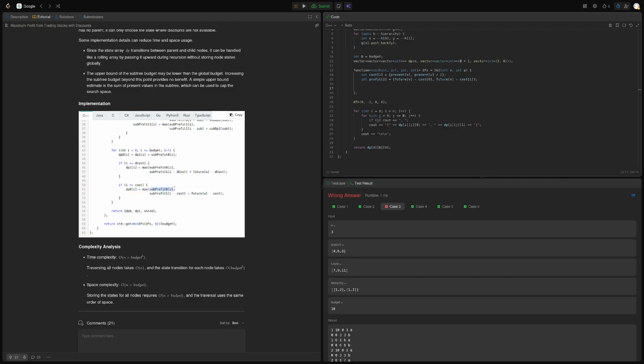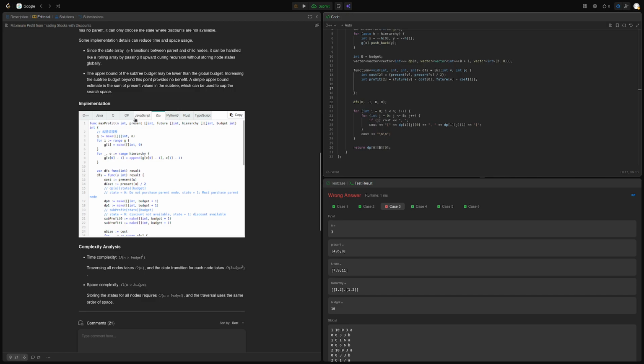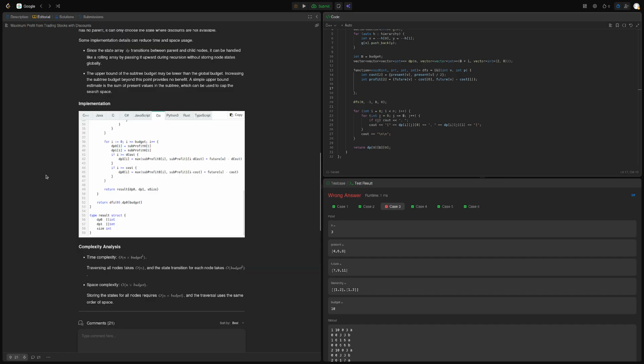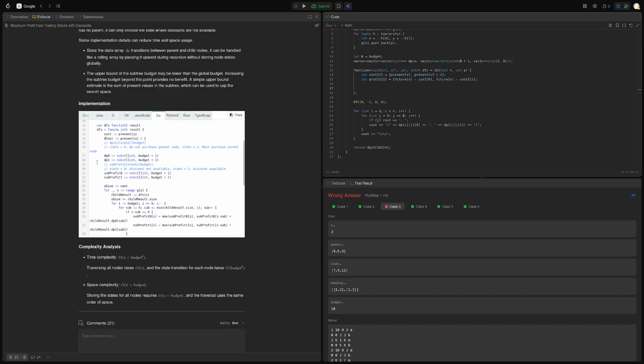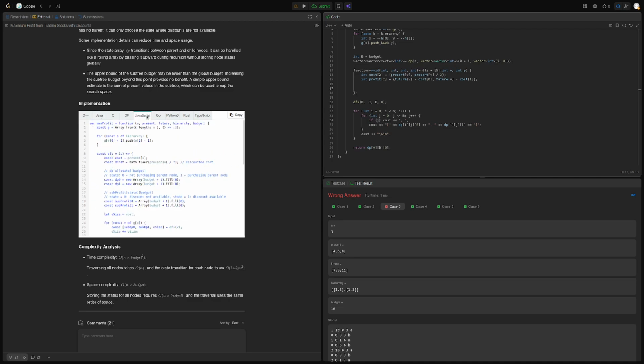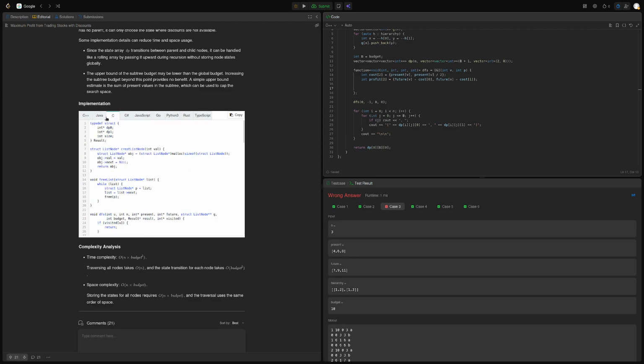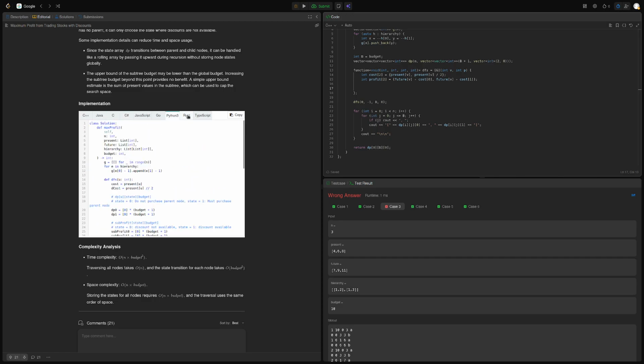This is so misleading. I mean, okay. Did they really make it in that many languages? I mean, it's basically the same thing. So C#, Rust.